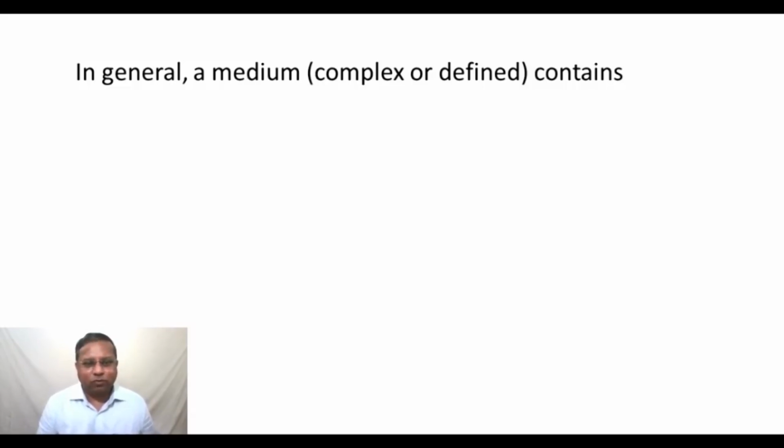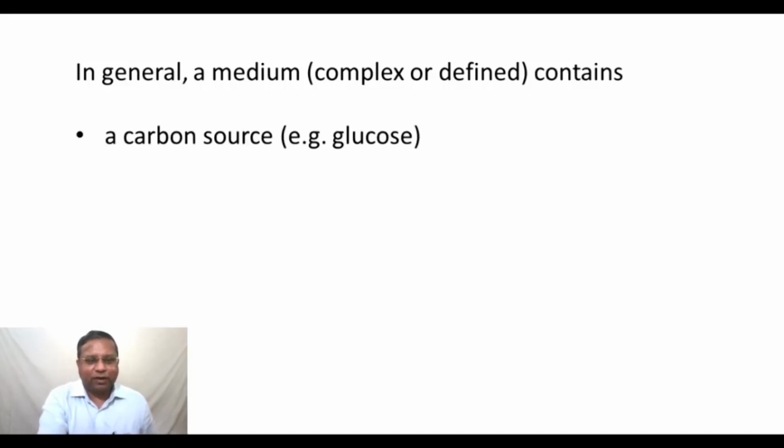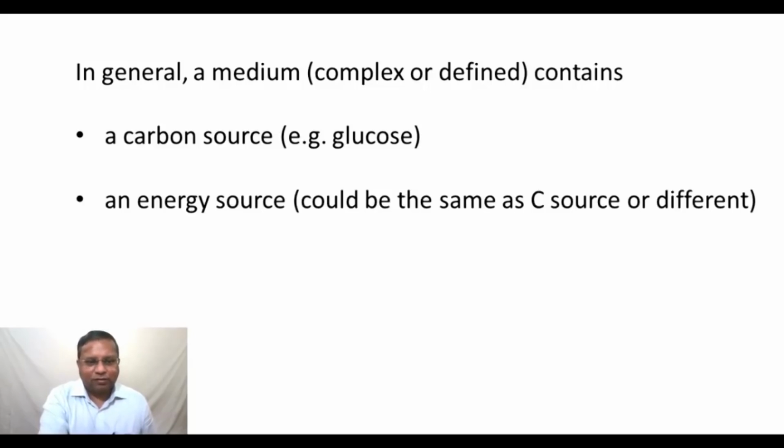Complex means you may not know all the details of the medium. In general, a medium contains a carbon source. Glucose is a very common carbon source. We did talk of carbon dioxide being the carbon source in the case of plants. An energy source, which leads to the formation of ATP, could be the same as the carbon source, or it could be different.